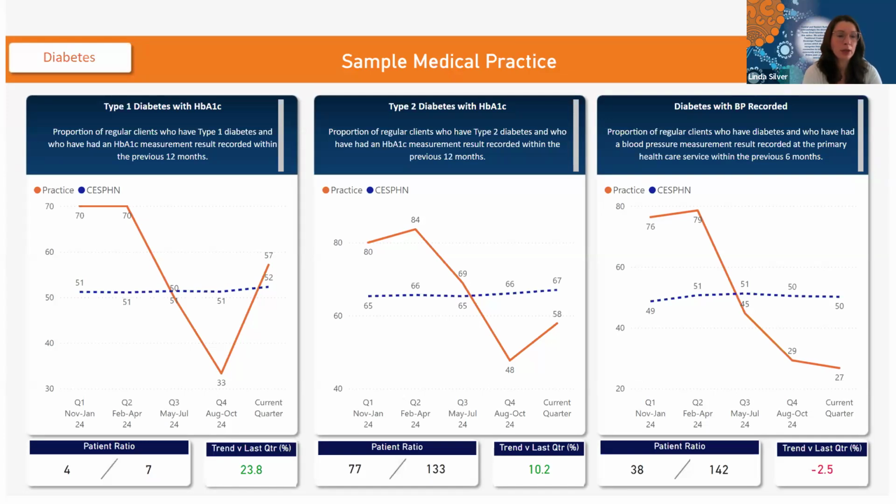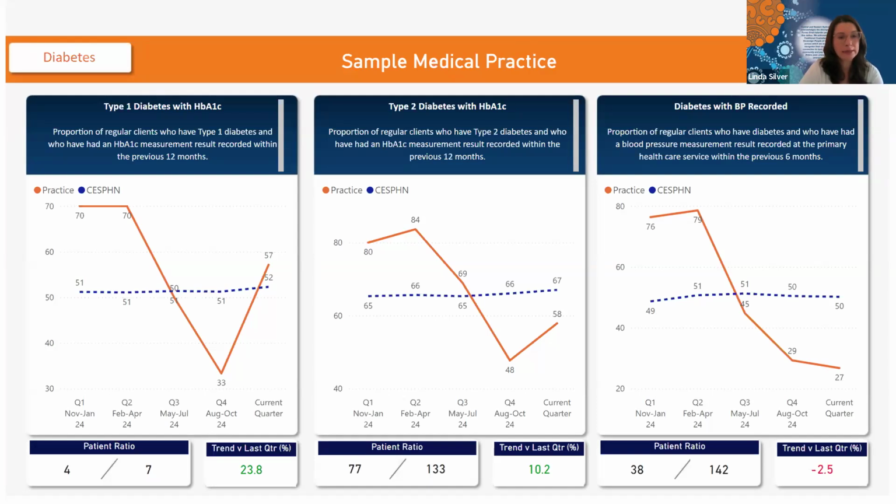On this page, we are looking at type 1 and type 2 diabetic patients who have had the HbA1c result recorded in the last 12 months, which is a blood glucose test used to monitor diabetic patients. And on the far right, the chart shows us combined type 1 and type 2 diabetic patients with a blood pressure recorded in the last 6 months.